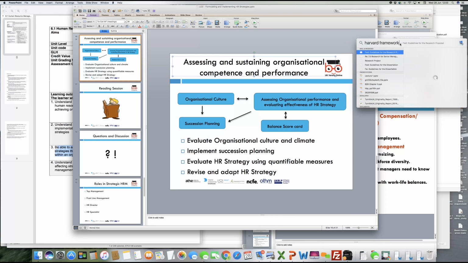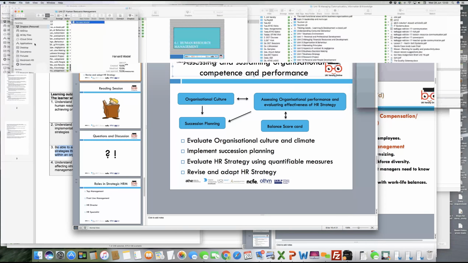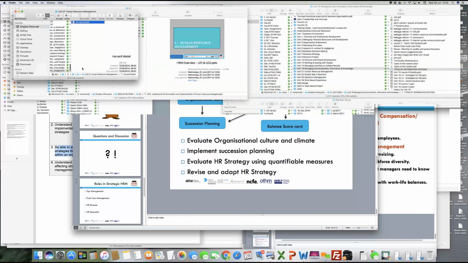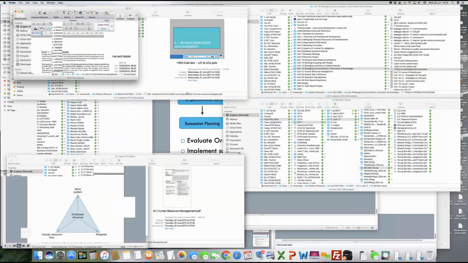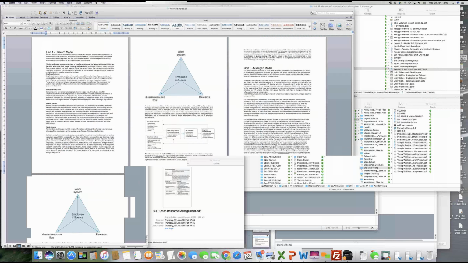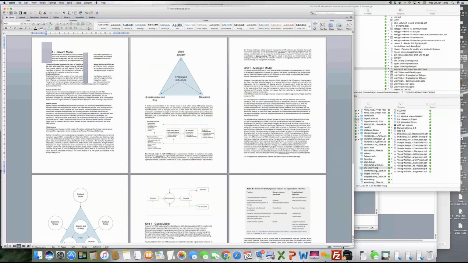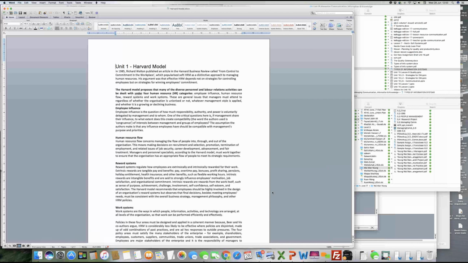I think in the last email I sent you a handout on the Harvard model, which is one of the frameworks. There are lots of frameworks, but at least one which I would suggest you go through is the Harvard model in HR, which HR uses very often to create strategies in the organization.